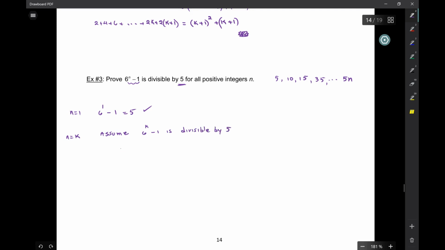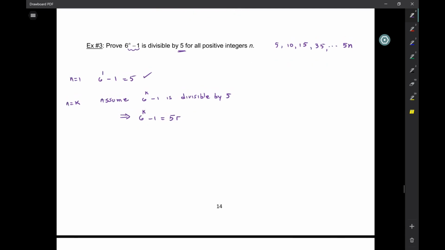So the way that's going to look is 6 to the k minus 1 is equal to 5 times some number r. We don't want to use k because we're using it. We don't want to use n. That's too close to home. Let's use some other neutral number r. Okay? So that's my k step.